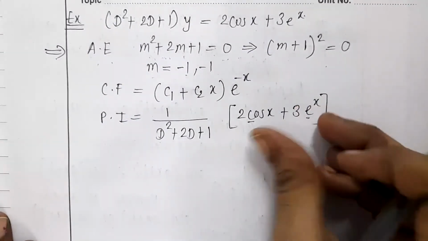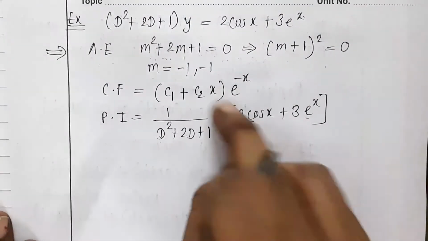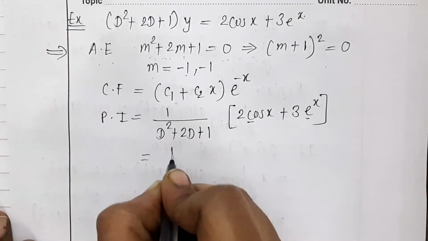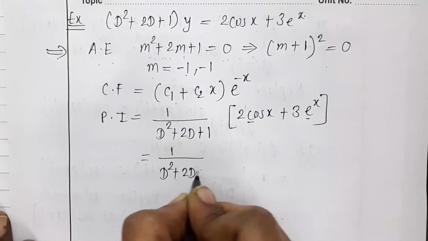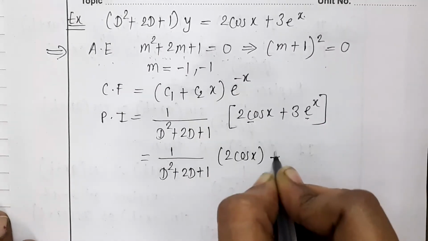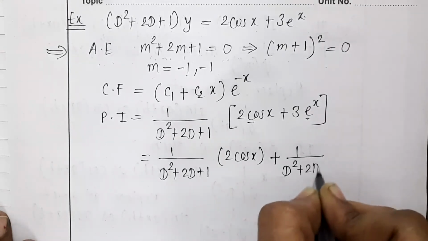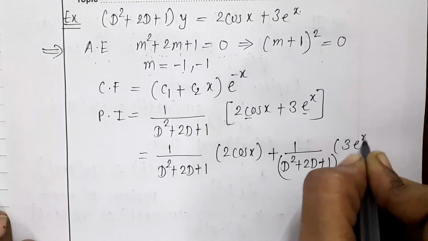So for both cases the replacement is different. So we separate phi of D for both terms. So it is equal to 1 upon D square plus 2D plus 1 multiplied by 2 cos x, plus 1 upon D square plus 2D plus 1 multiplied by 3 e to the power x.